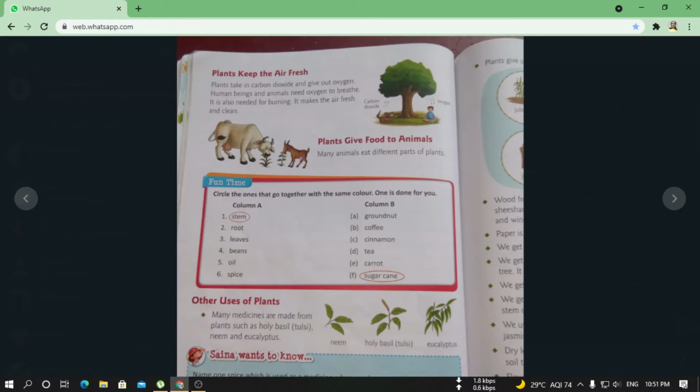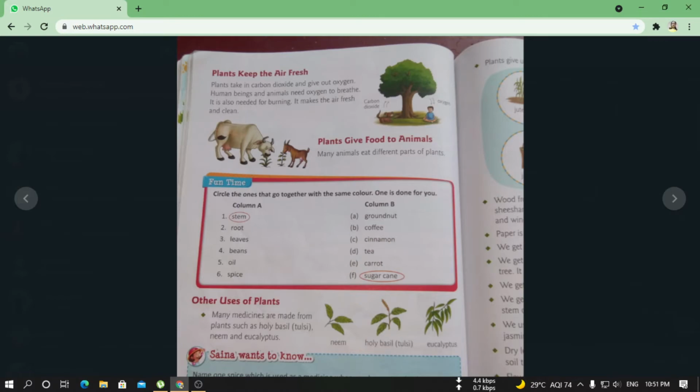Plants take carbon dioxide and give us fresh air and give us oxygen. Okay, we need oxygen that plants give us, and plants take carbon dioxide. So these things you know, that plants give us fresh air by giving us oxygen, and plants take carbon dioxide for making food.